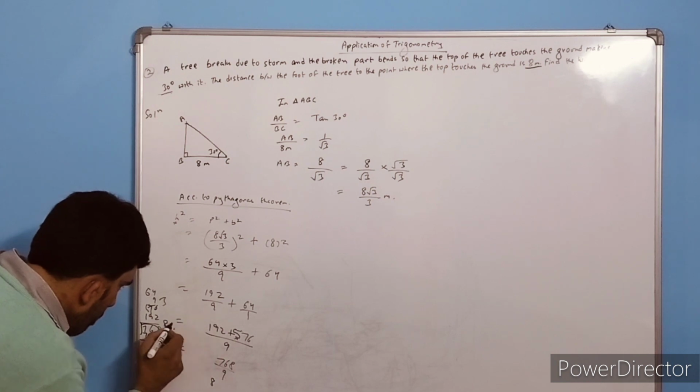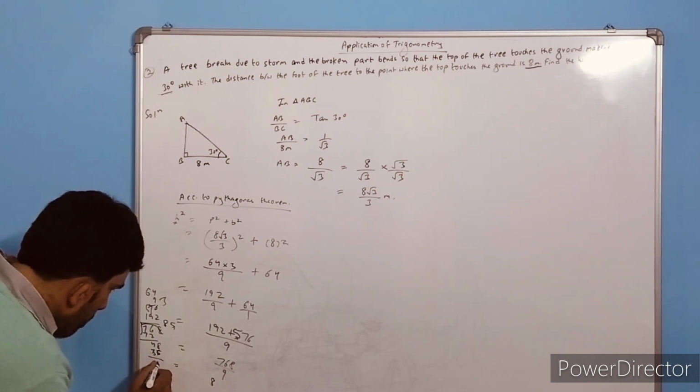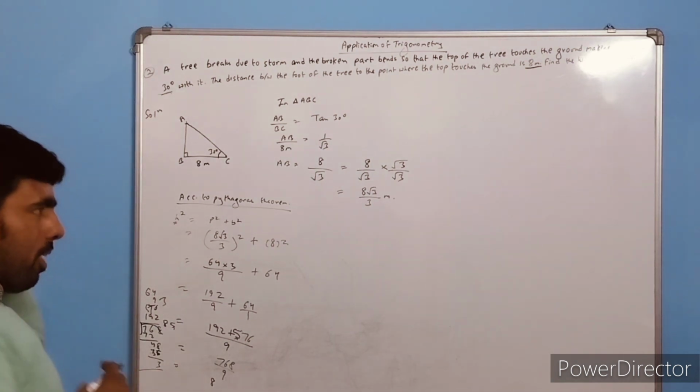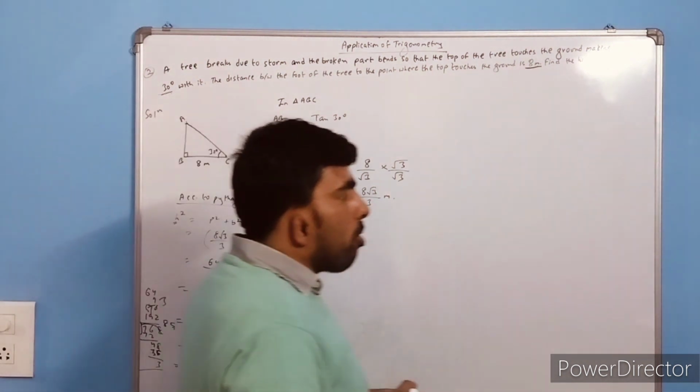I can apply 5 also. 45. Plus, I think this method is long. Okay. So instead of doing this, let us use another method.